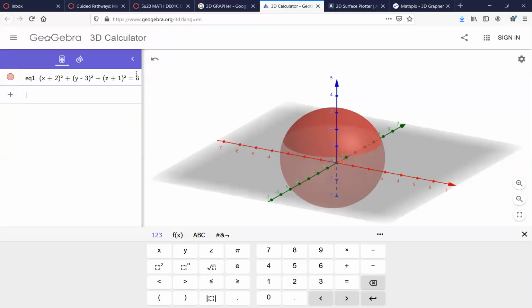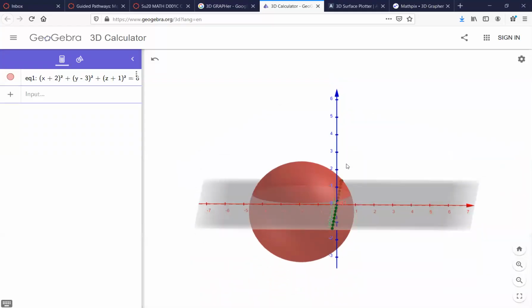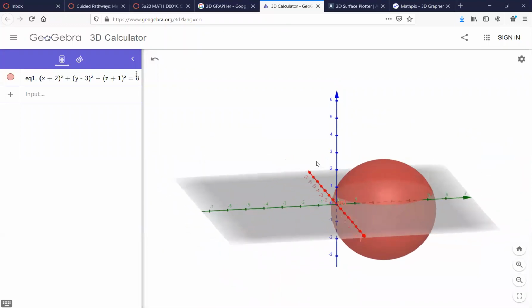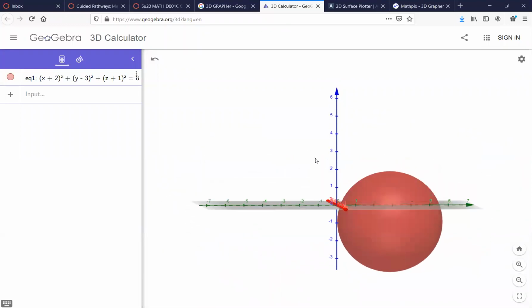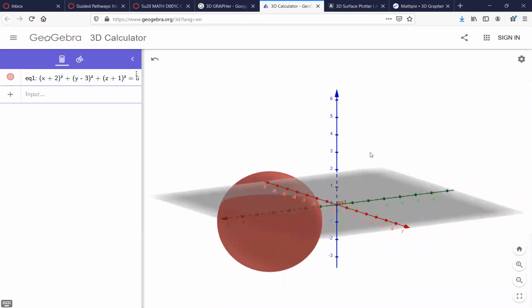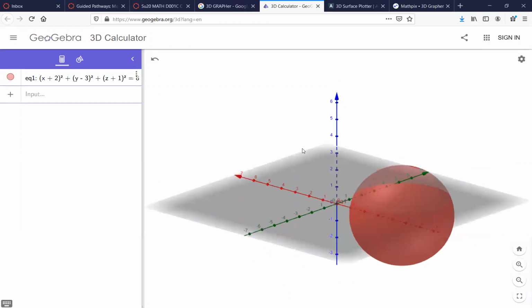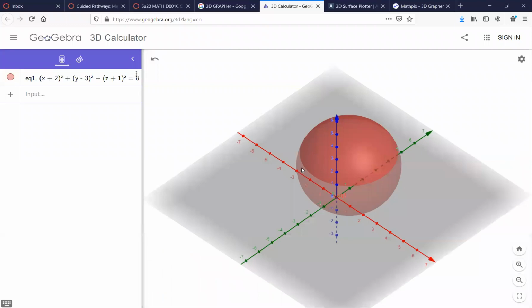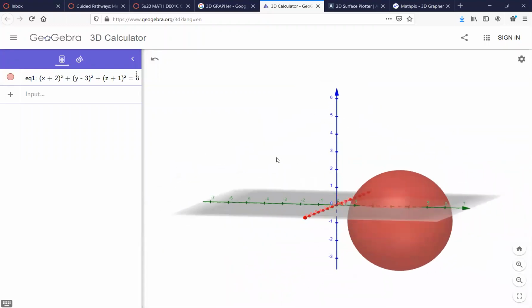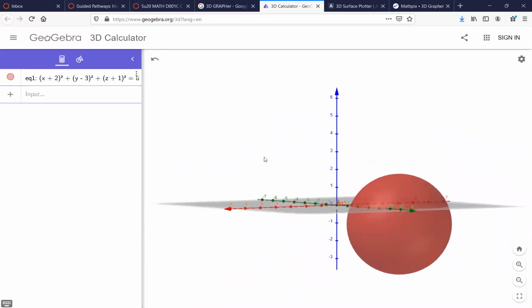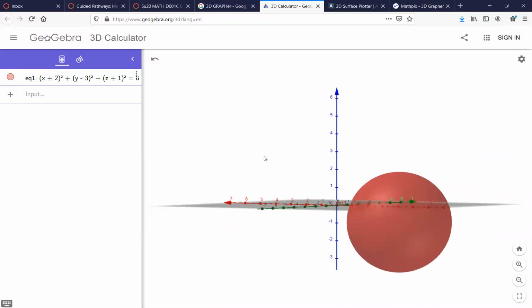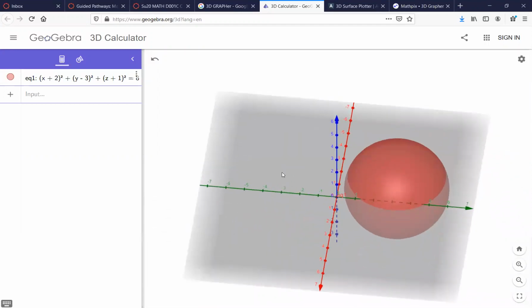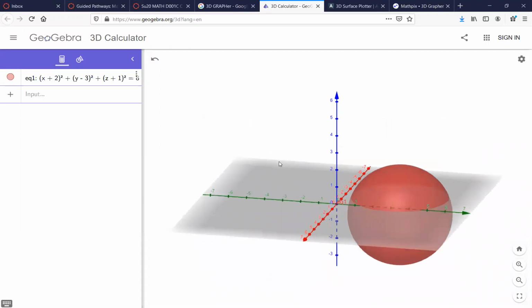So take a look at this sphere in three-dimensional space. I'm using GeoGebra to graph it. As you can see, the center is not at the origin.